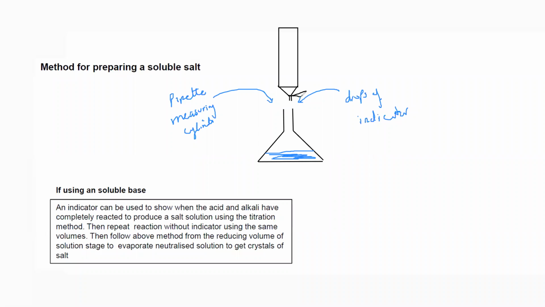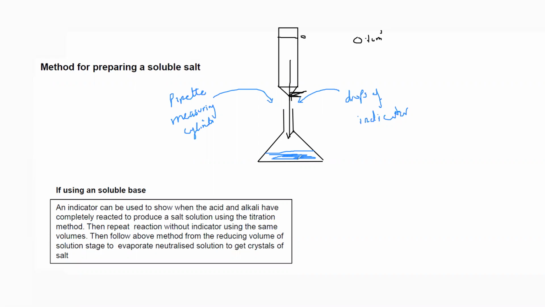At the bottom, the tap is there, and you will fill the scale. Top is 0. The smallest value which a burette can read is 0.1 cubic centimeter. So when you open the tap, the alkali is added to acid. Once all of the acid is used up, the solution becomes alkaline.